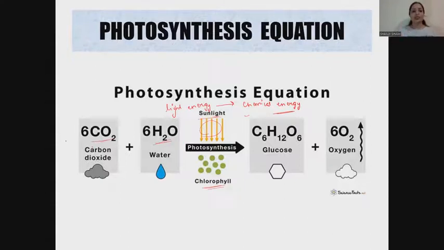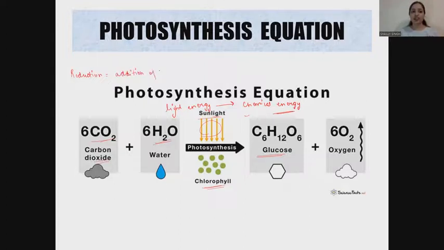First, you can see that there is a reduction of carbon dioxide to carbohydrate. Now, what do we mean by reduction? In chemistry we read that reduction is the addition of hydrogen.